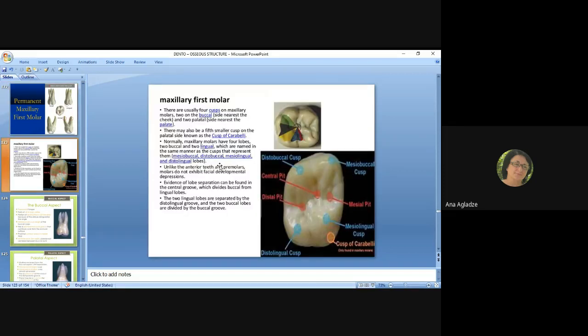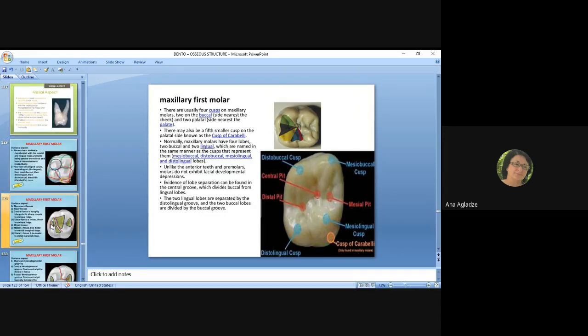And what is interesting, there are four cusps, and maybe a fifth cusp, which is called the cusp of Carabelli, but it is not a real cusp, because real cusps have underlying dentine, but this cusp of Carabelli has no dentine and it is a concretion of enamel and it is not a real cusp.